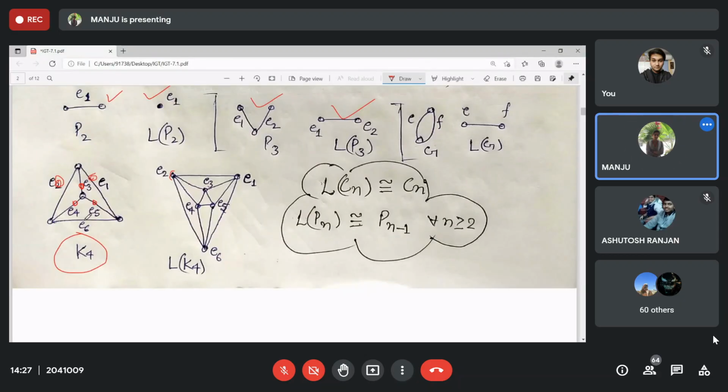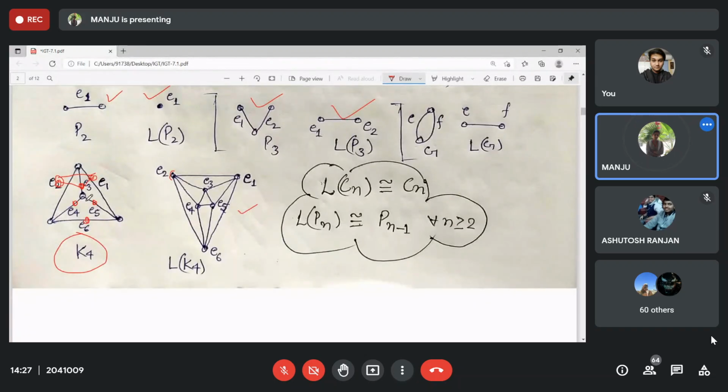These will be the corresponding vertices you can see over here. Now these three edges are emerging from the same point, right? This common point, so that will be a triangle formation, right? Now these three edges will form a triangle, right?